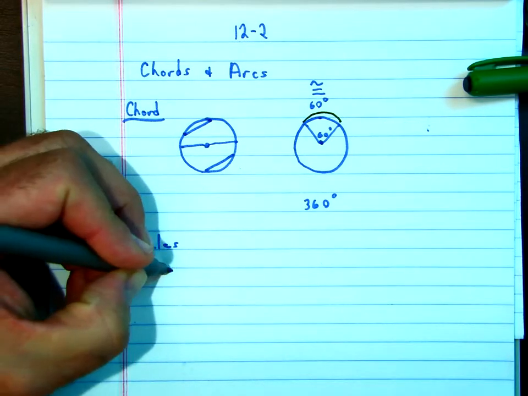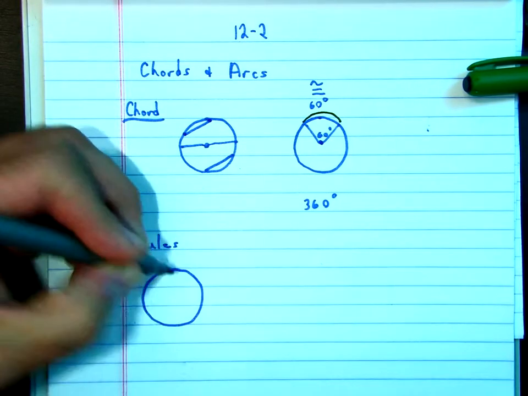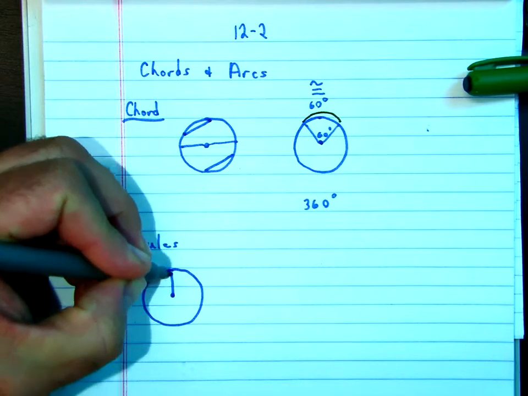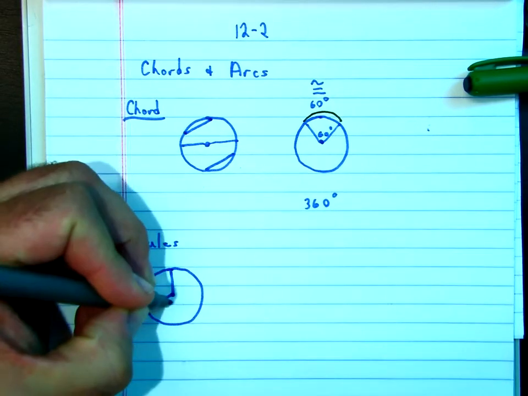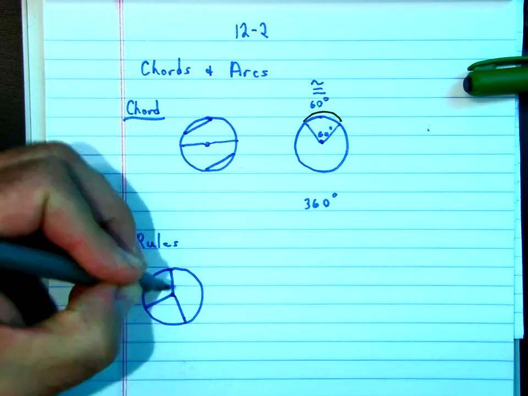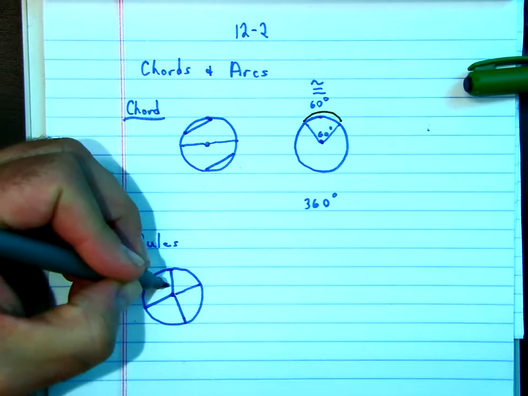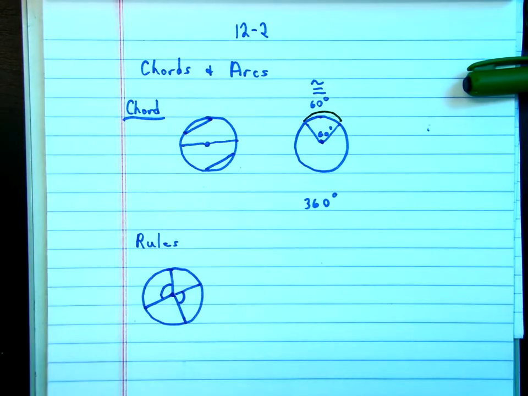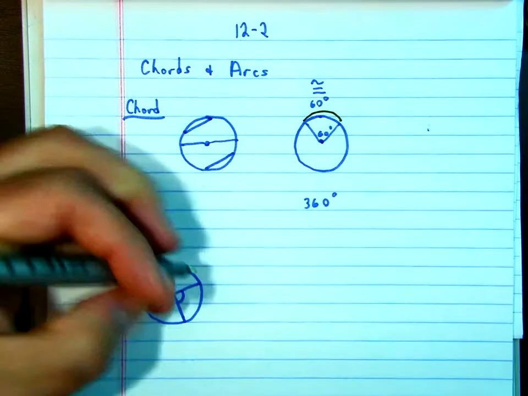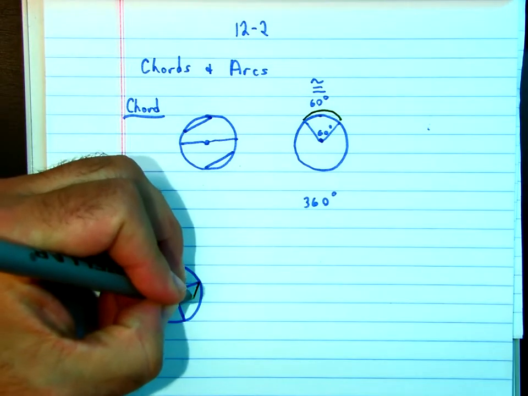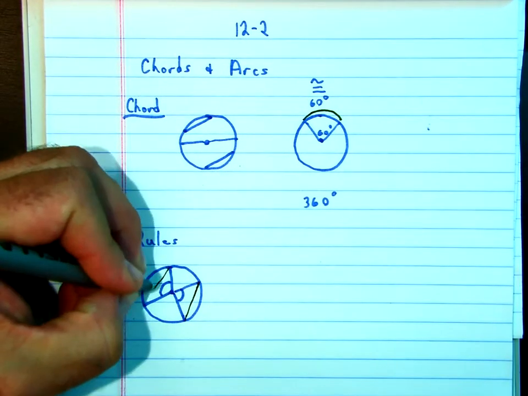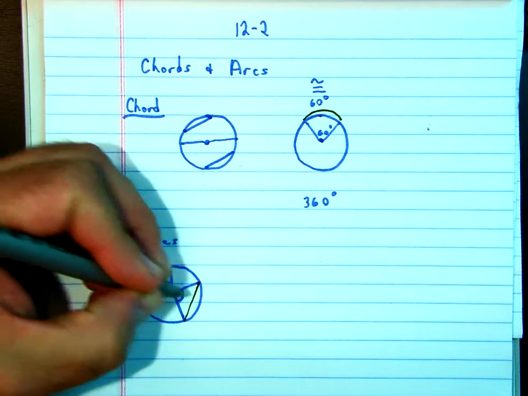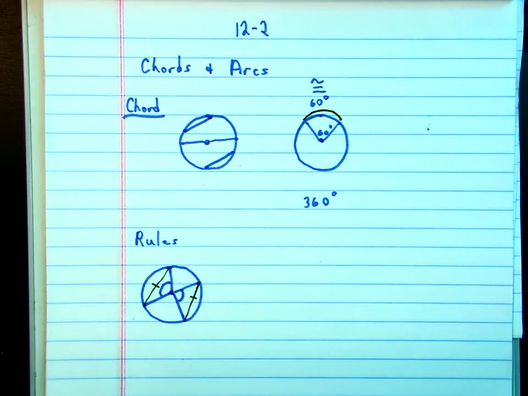So in other words, if I draw it like this, and I do this, and then I draw this one, if I say this angle and this angle are the same, then if I were to draw the chords, those chords are the same.